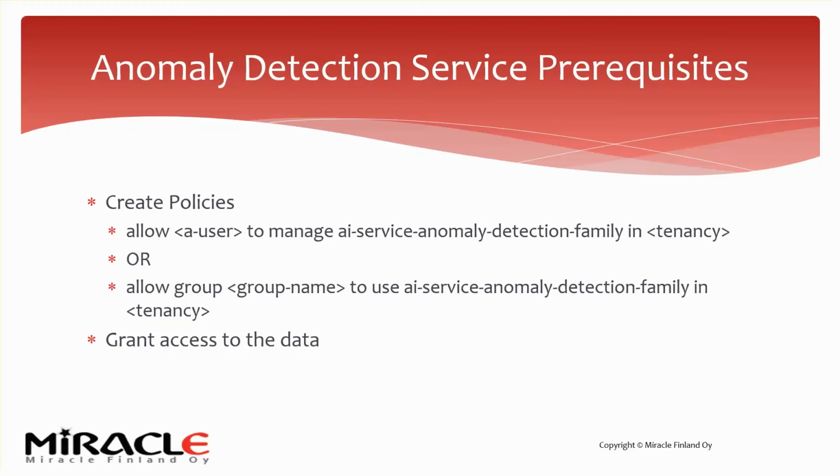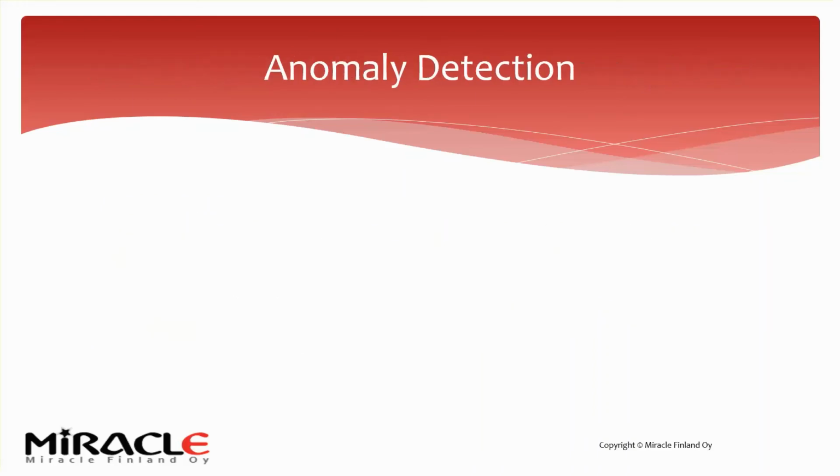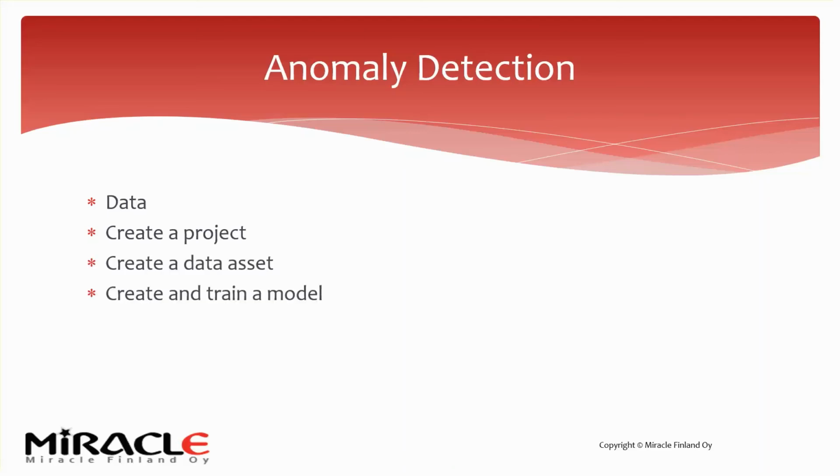And then you need to grant access to the data itself. Anomaly detection is about data. It's about creating a project, creating a data set, creating and training a model, and detecting with new data sets using that model that you just created.